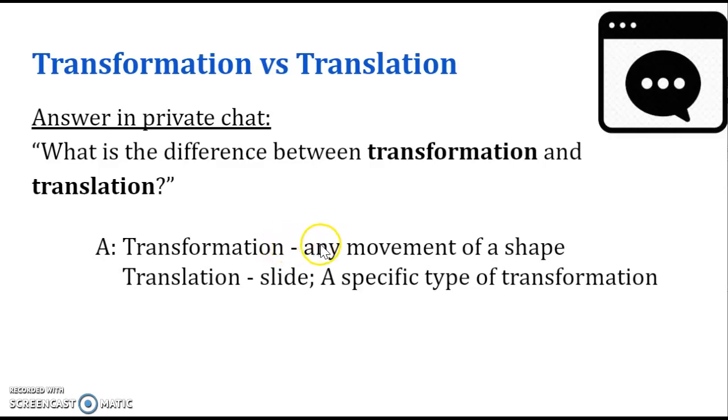This includes translation, rotation, reflection, and also dilation. Translation, on the other hand, is one type of transformation. It's a slide, a specific type of transformation.